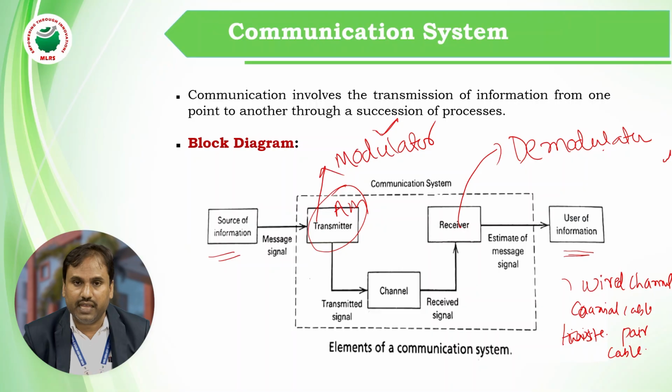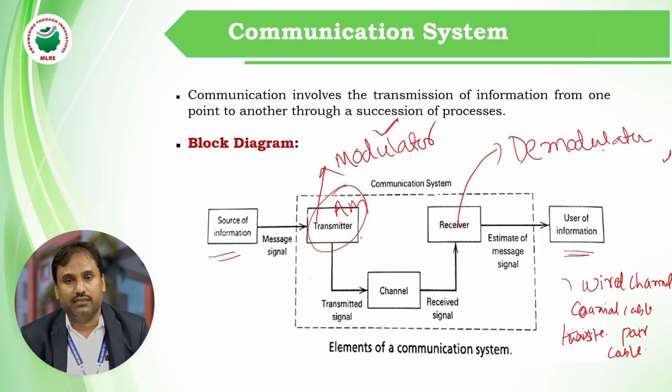If you use an AM modulator, that is called an AM system. If you use an FM modulator at the transmitter side, that is called an FM system. At the receiver side also, we will have a demodulation technique. I will explain briefly what the modulation and demodulation techniques are in the next slides. But here, you need to understand first what sub blocks are there.